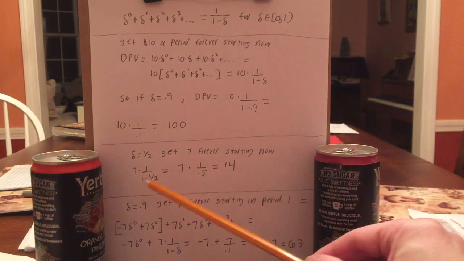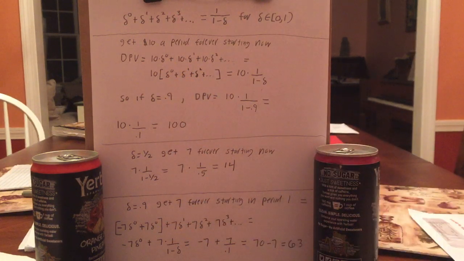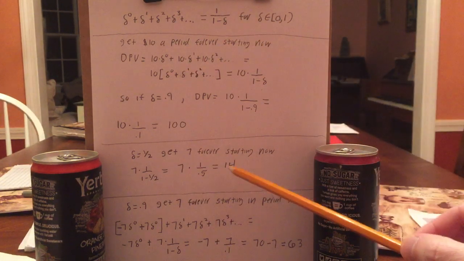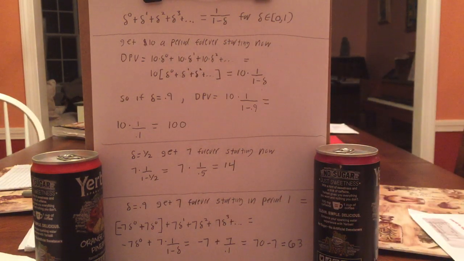Right? Because we've got 7 times delta to the 0, plus 7 times delta to the 1, plus 7 times delta to the 2, and that's just 7 times 1 over 1 minus delta, and that is going to be 14. So again, delta 0.5 is another convenient discount rate if you don't have a calculator, because 1 over 1 minus 1/2 is just 2.